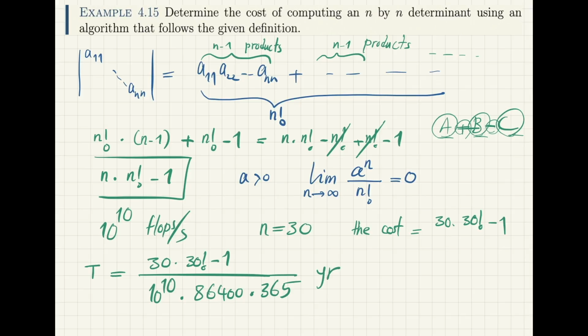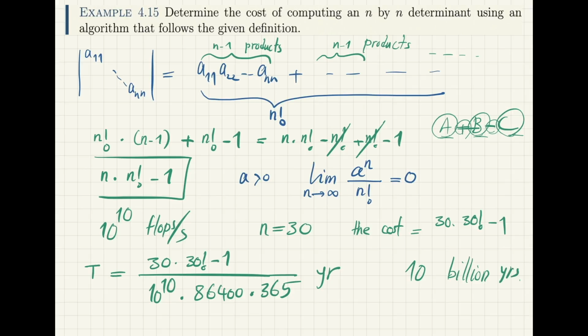I used a computer to calculate. If you do that, it would be of order of 10 billion years or more. So 10 to the power of 10 years, which means 10 billion years.